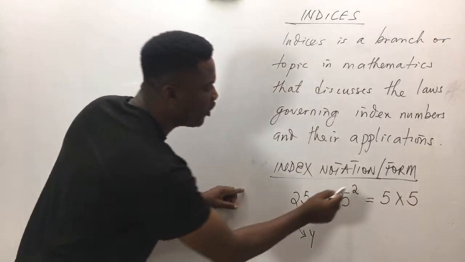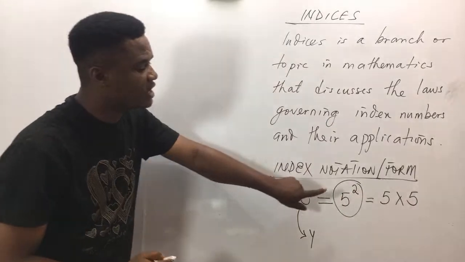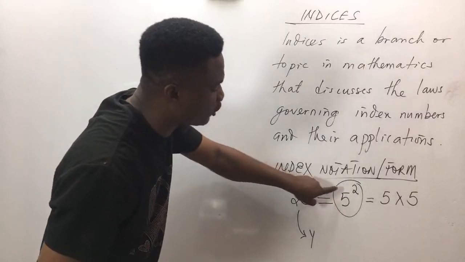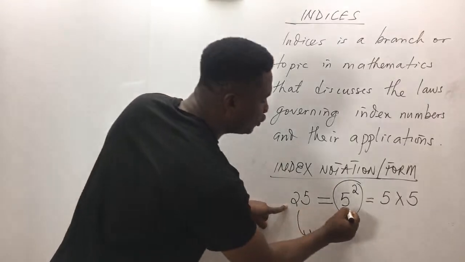So, this form of writing 25 or expressing 25 is said to be the index notation or index form of 25.